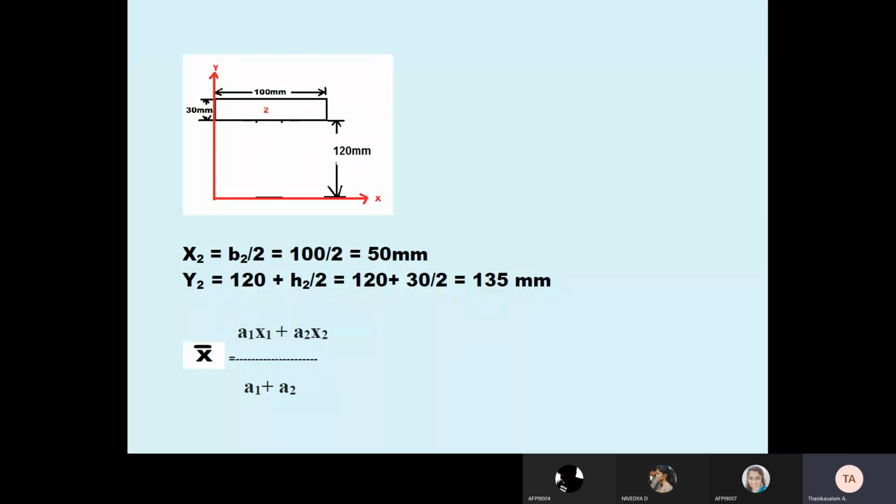In this figure, with respect to the y-axis, that is x bar, it is touching, so direct formula b by 2. For y bar, the reference axis is the x-axis, but how much distance away is it? 120 mm. Therefore, 120 plus center, 120 plus 30 divided by 2, 135 mm.